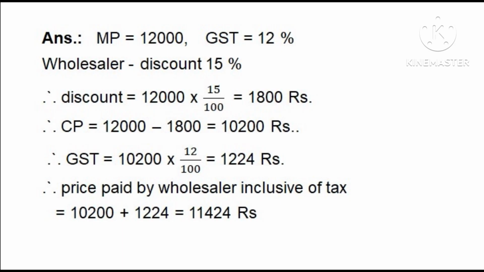Therefore GST equals 10,200 multiplied by 12 divided by 100 equals 1,224 rupees. Therefore price paid by wholesaler inclusive of tax is equal to 10,200 plus 1,224 equals 11,424 rupees.